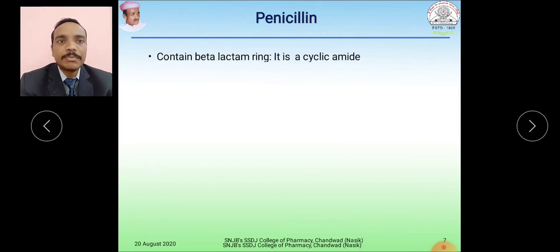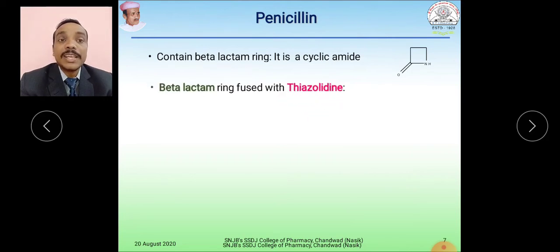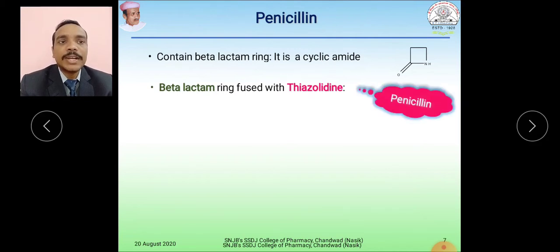It is a cyclic amide. This beta-lactam ring is fused with the second heterocycle, the thiazolidine, and that gives penicillin.